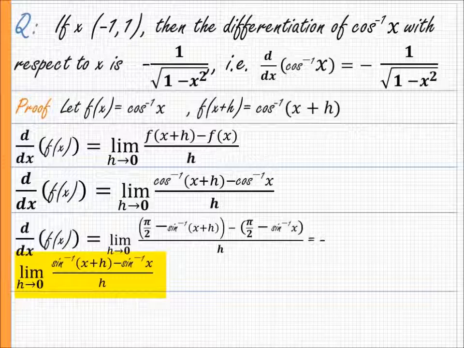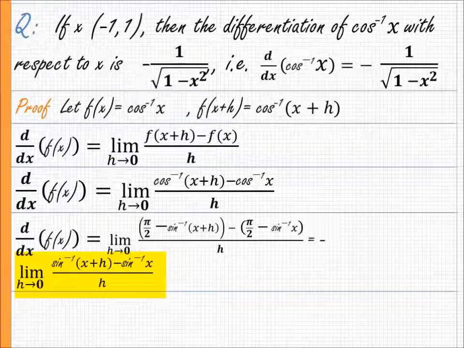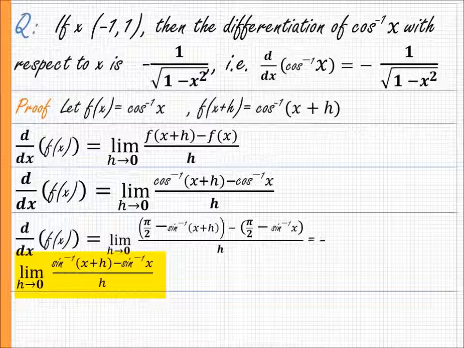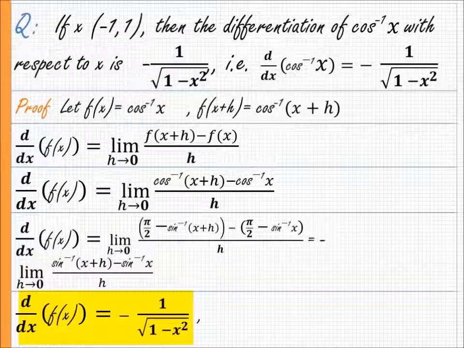And in the previous episode, we had proved that limit h approaches 0, sine inverse of x plus h minus sine inverse x upon h is equal to 1 upon square root of 1 minus x square. So that means the derivative of f of x with respect to x is equal to minus 1 upon square root of 1 minus x square.